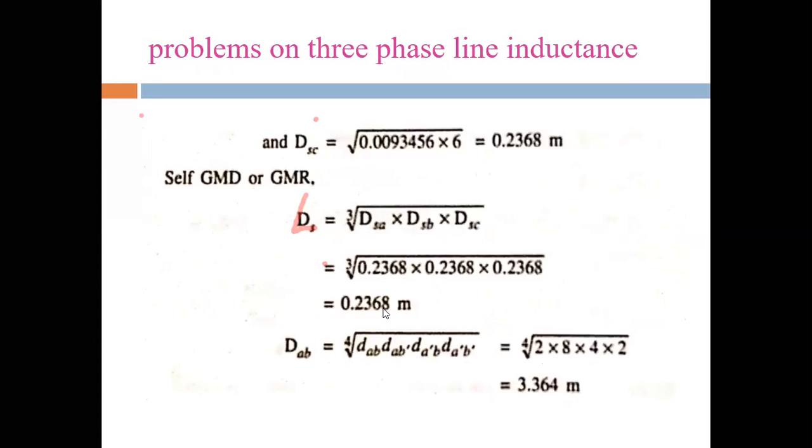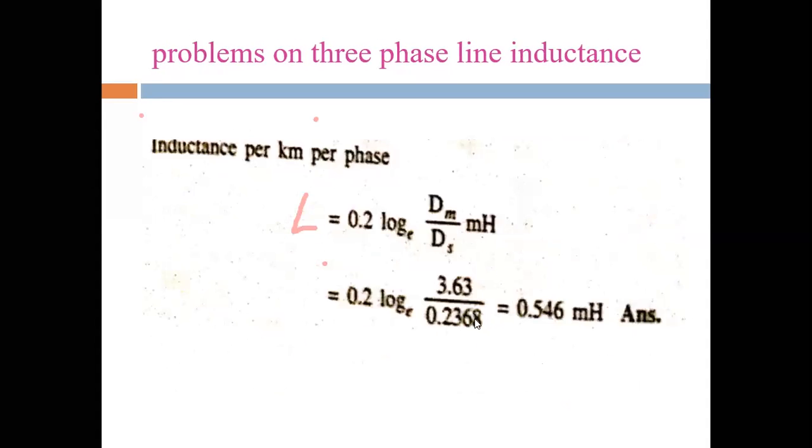Ds is equal to 0.2368. Okay, 3.63 by 0.2368, that is equal to 0.546 millihenries. Okay, this is the calculation of inductance when the two conductors are arranged in the horizontal plane.